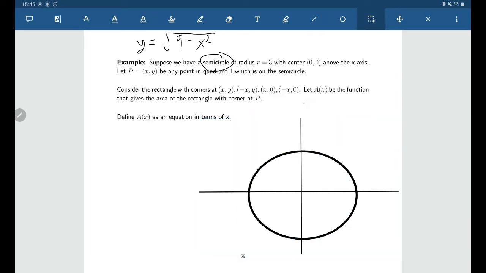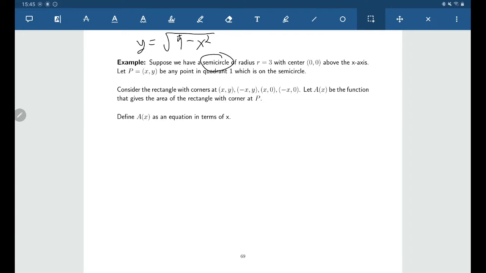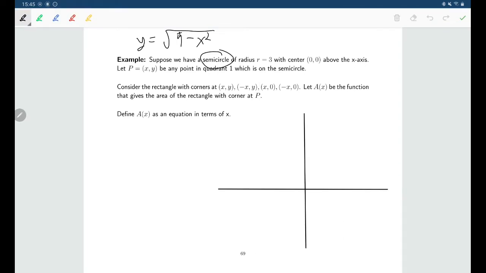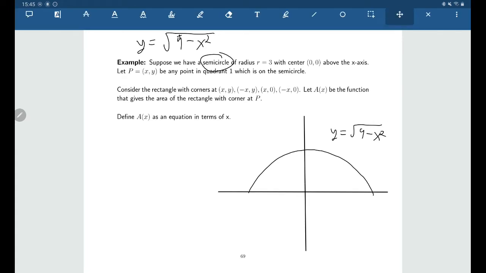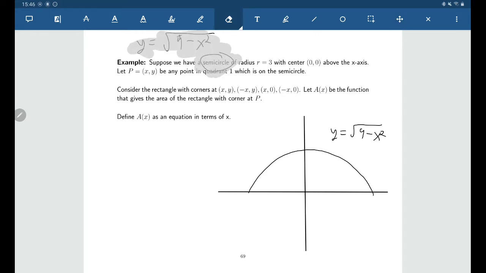All right, so that's our first part. The second part is that we're going to take any point on that semicircle. So I'm just going to draw my semicircle back in. There we go. That's my semicircle, and it's got the equation y equals the root of 9 minus x squared. The next part that we're told is that we're taking our point in quadrant 1.